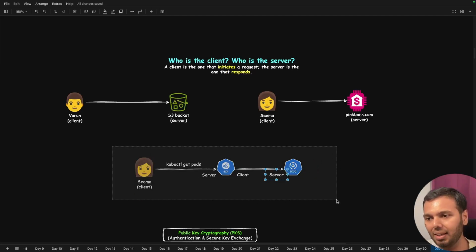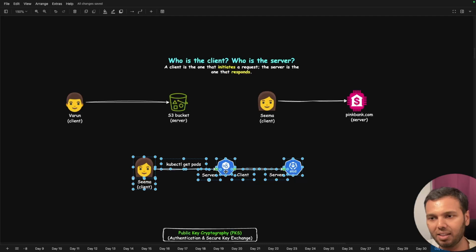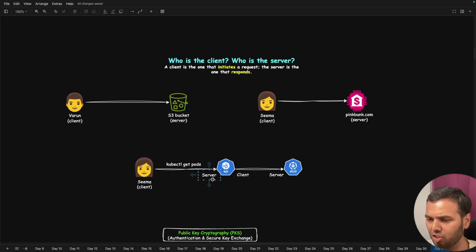So in totality, in this connection, API server acts as a server as well and also as a client. So whether an entity is a client or a server depends on who is initiating the request. It is the client who initiates a request and the server is the one that responds to that request.